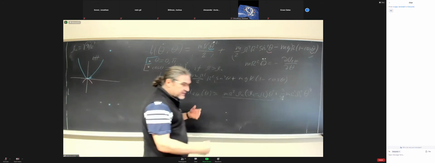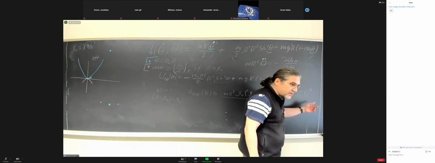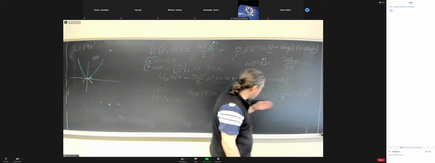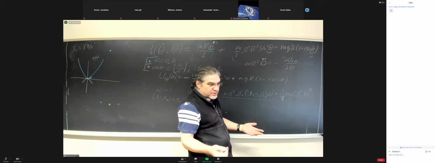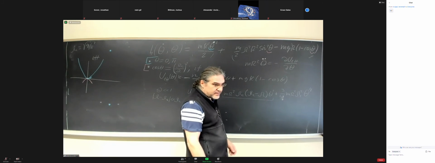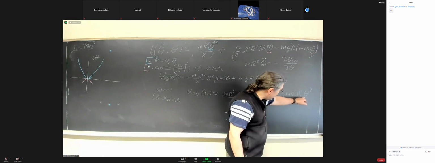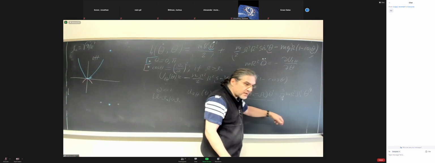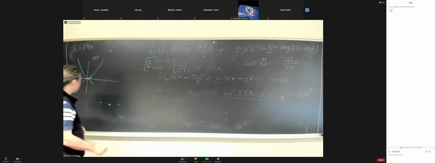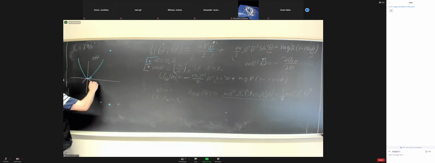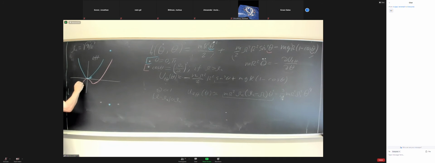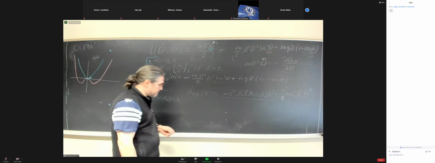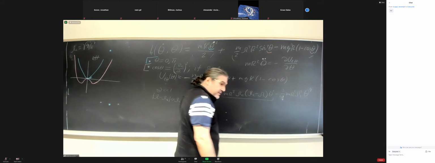But after that, when theta becomes larger and larger, this term becomes dominant, because when a number is large, the number to the fourth power is larger than the number to the second power. The coefficient here is positive, so the function must increase. So it must have some minimum somewhere and go like this. Okay? That makes sense?